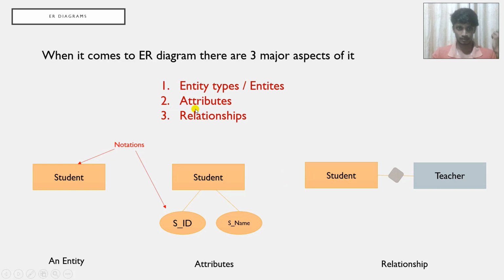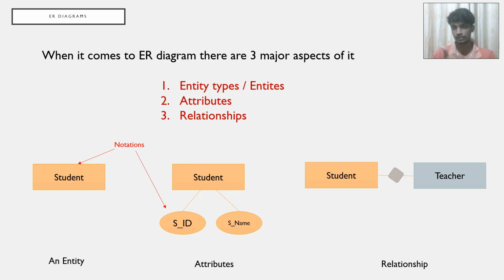When it comes to ER diagrams, there are three major aspects. The first aspect is entity types, which means entities, then the attributes, then the relationships. Those are long topics, so this session will probably be divided into four parts.